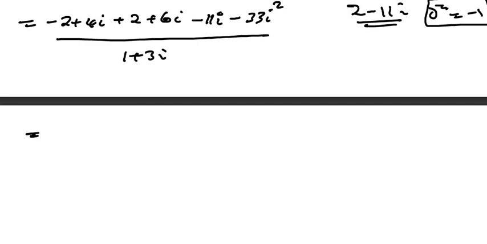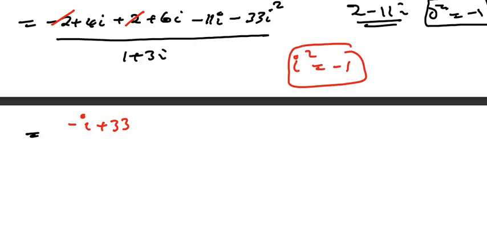You see that the negative 2 can cancel with these 2. We're having 4. 4 plus 6, that's going to be 10. 10 minus 11, that's negative 1. So we have negative i, then plus a 33, because i squared is negative 1, right? So now negative 1 times negative 33, that's positive 33. Down, we just have 1 plus 3i.